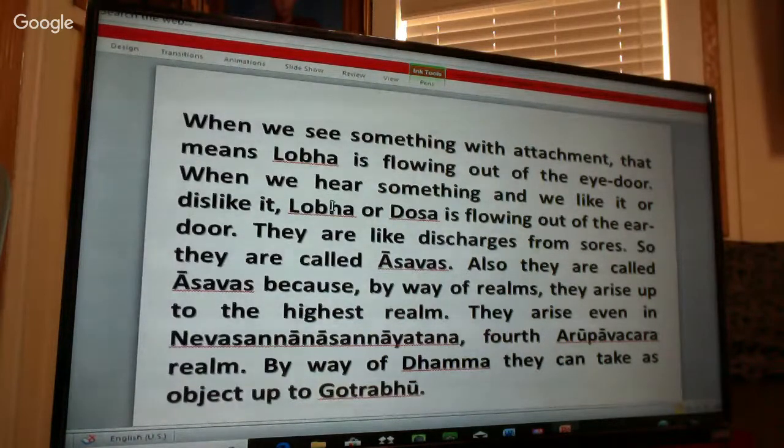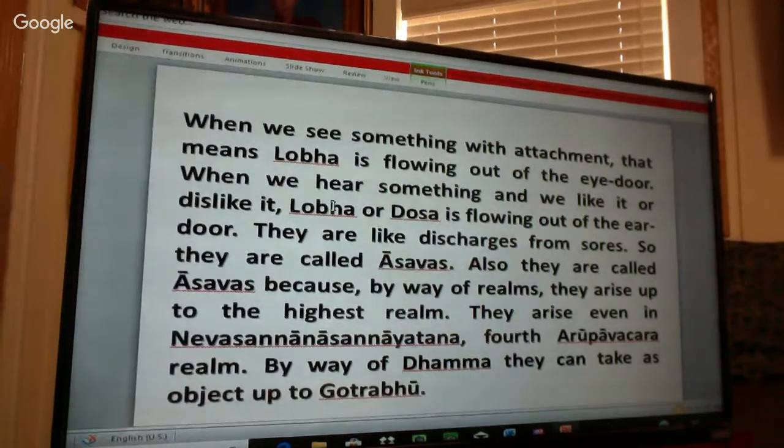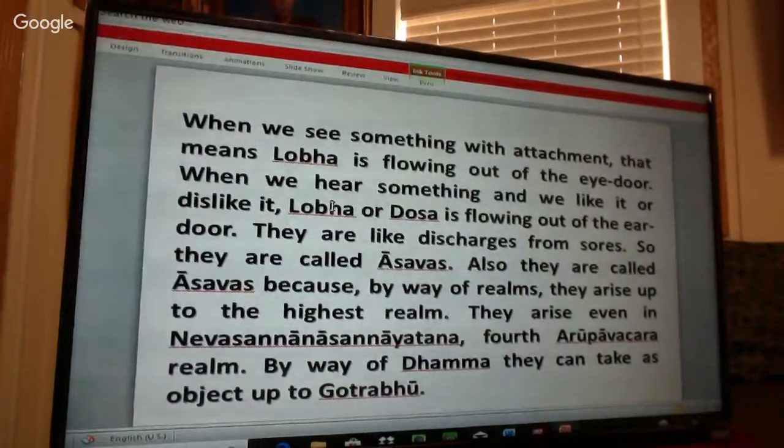Why? You don't like it, you don't need to think about it, isn't it? But our mind does it. Even though you don't like it very much, in the mind you keep thinking about that one again and again. So funny. That's why the Buddha didn't say anger in asava. The most important is attachment, lobha. Lobha is asava. Dosa is behind that lobha. That's why.